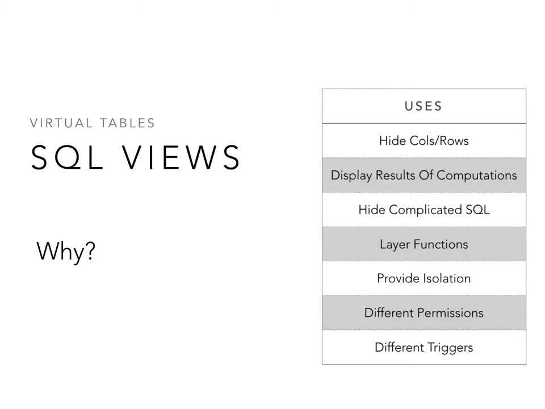It gives a level of isolation between table data and the user's view of the data. So this is really going to come in handy when you need to have different permissions for different users. You follow me? So we've got this core data that's being stored, but maybe you want your interns at the company having access to this very limited set of the fields, and they can't change anything about it, but they need to be able to see it to do their job.